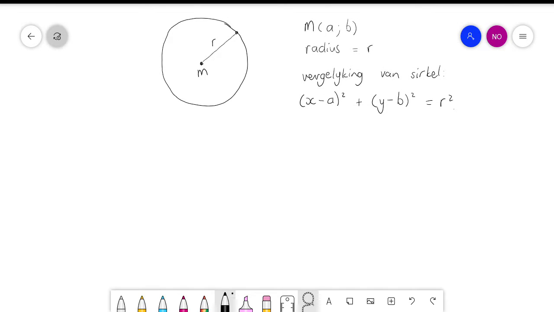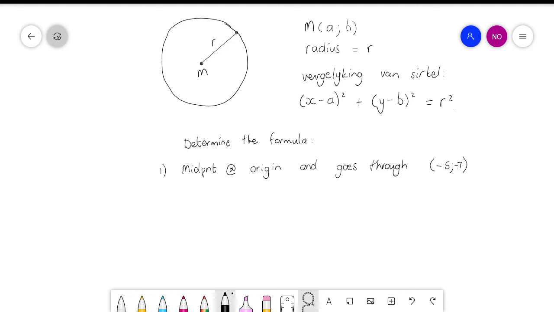Wat hy sê dis uitgewerkte voorbeelde and they say determine the formula of the circle if, for number 1, the midpoint is at the origin, and it goes through -5 and -7.